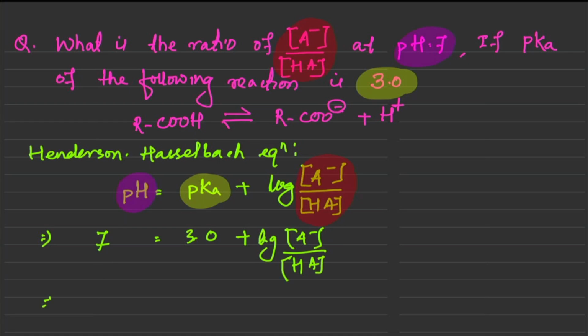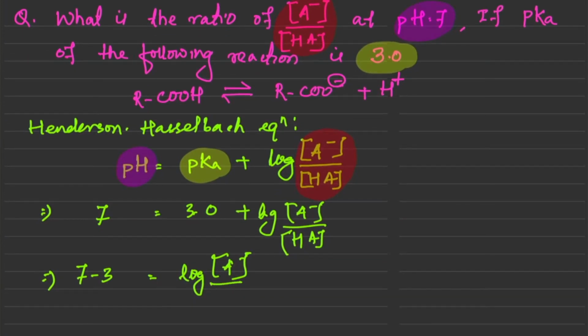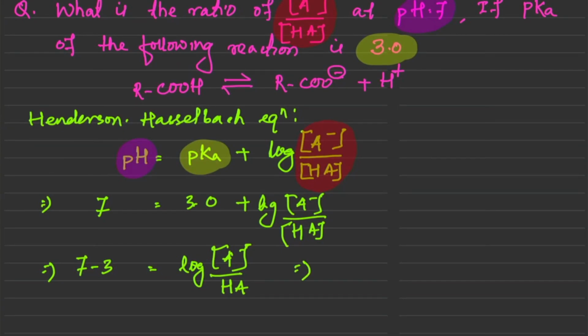So 7 minus 3 equals 4, which is the log of A minus by HA.